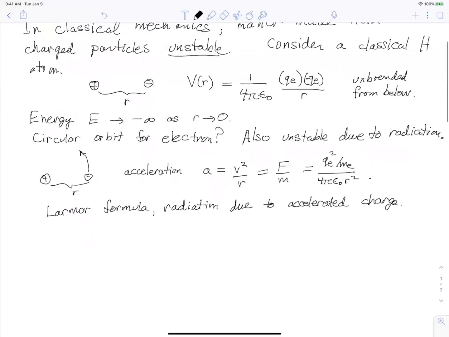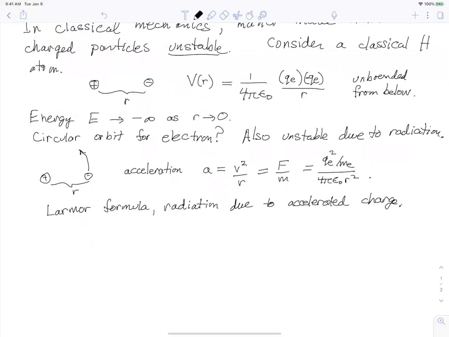There's no way around it once you treat the classical Maxwell's equations in that way. It says that the power, which is the change in energy with respect to time, is going to be minus mu naught e squared acceleration squared over 6 pi times the speed of light.